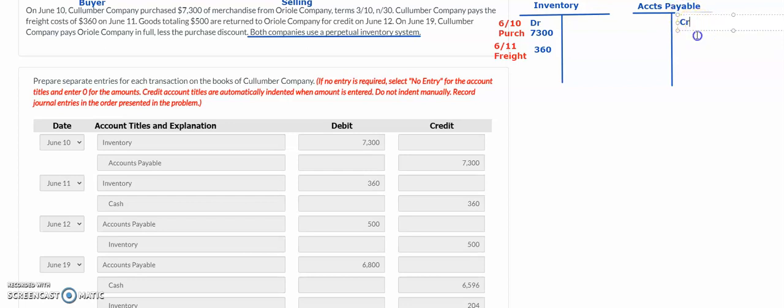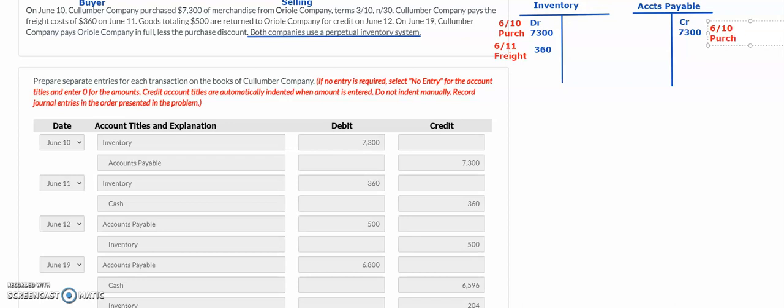In this example, we have a credit of $7,300 when we made that purchase on June 10th. So we're going to include that amount.